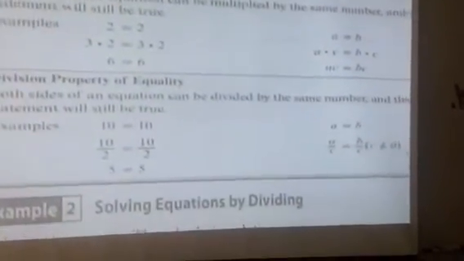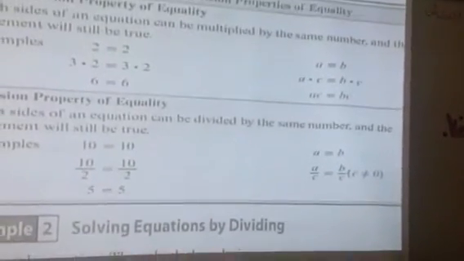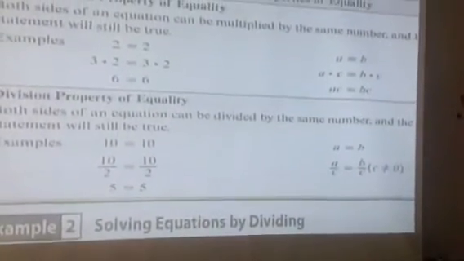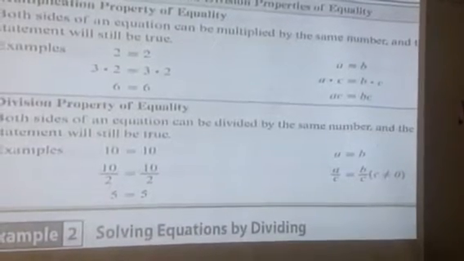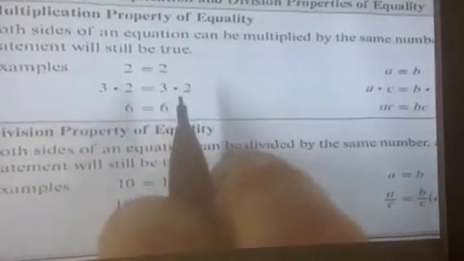So last week, we looked at the addition and subtraction properties of equality. What we'll see is that the same thing holds for multiplication and division. If you do the same operation with the same number to both sides of the equation, it does not change the value. So here's an example. It is true that 2 equals 2. That statement is true. Now if you take that 2, and on each side of the equation, you multiply it by 3, you're not going to get the same thing that you started with, but you are going to get a true statement.